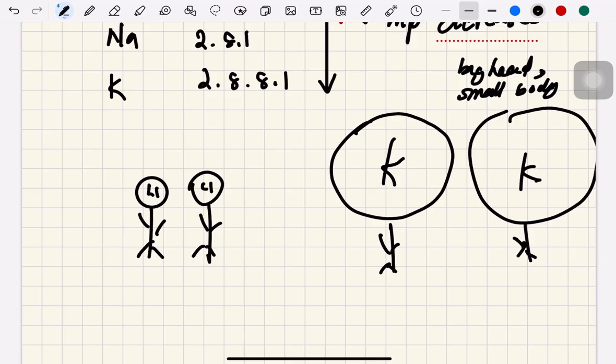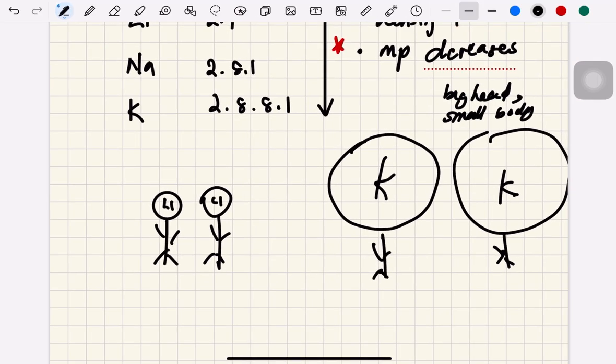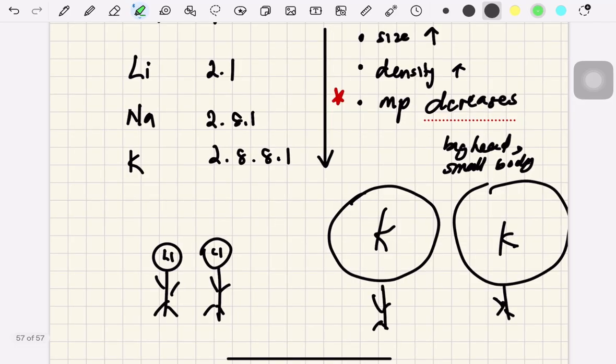Okay, so now why big head, small body? You have to look at the first 3 shells, which are fully occupied. So look at it this way, on top it's big, but the last shell only has 1 electron. So towards the end it's thin, like that.